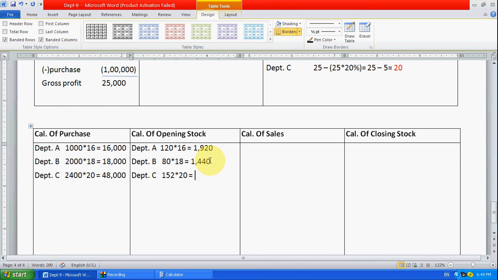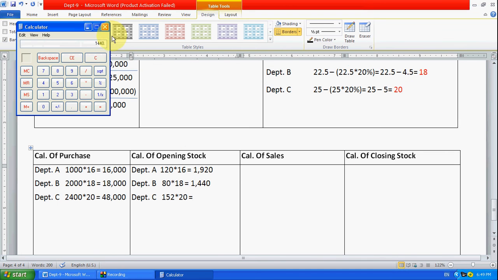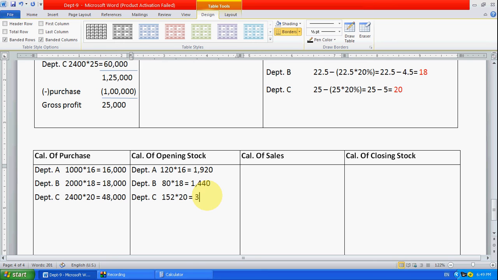Go for the next, 152 into 20. So we are getting 3040. Now sales we have already been given here.